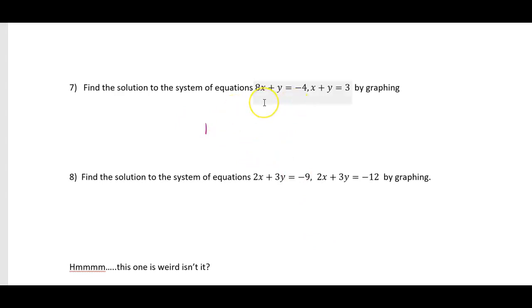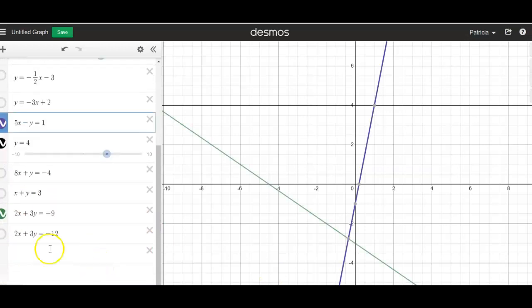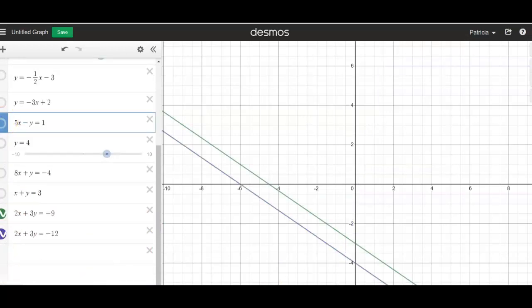You can take a look at that one yourself and you can check that one yourself, but let's take a look at number 8. 2x plus 3y equals negative 9 and 2x plus 3y equals negative 12. So that was these two down here. Okay, so 2x plus 3y equals negative 9 is the green, and 2x plus 3y equals negative 12.